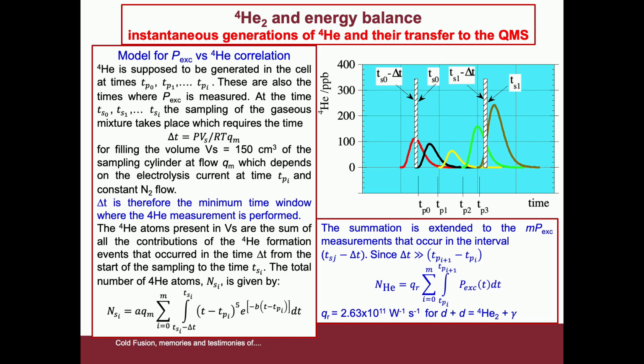Since the time required for sampling is much greater than the time difference between the excess power measurements, it can be shown that the number of helium atoms is given by this equation. This QR number is the power associated with a nuclear reaction event between deuterium nuclei to generate helium-4.